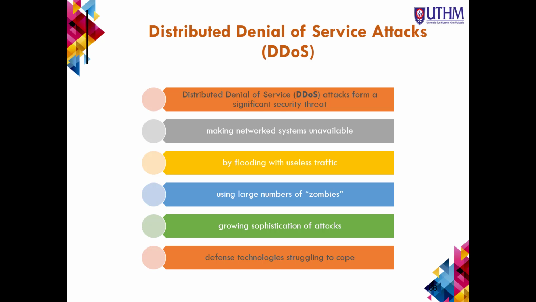This is the attack normally used against web server accessibility, where people cannot reach the network or the web server due to the bottleneck or congestion in the traffic. If they can access it, it can slow down the process of accessibility. Okay, this is the DDoS.